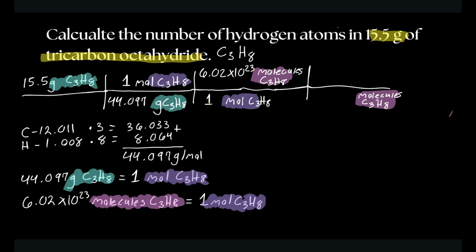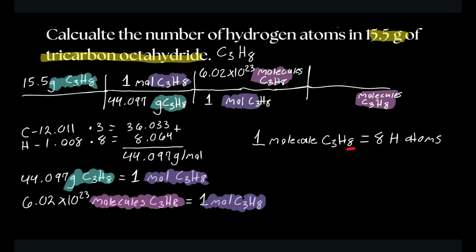Now, what we have to look at is that whenever we have a molecule of C3H8, so let's say that I have one molecule of my C3H8. Within that one molecule, how many hydrogen atoms do I have? So whenever I have one molecule of the C3H8, this is going to be equal to my 8 hydrogen atoms.